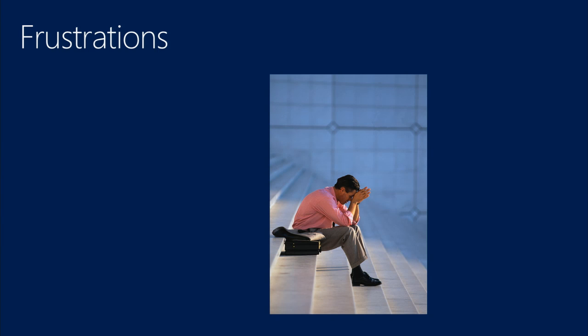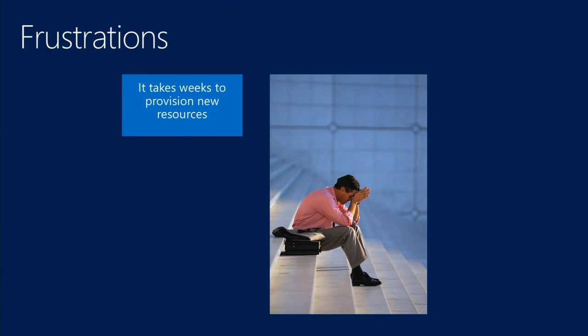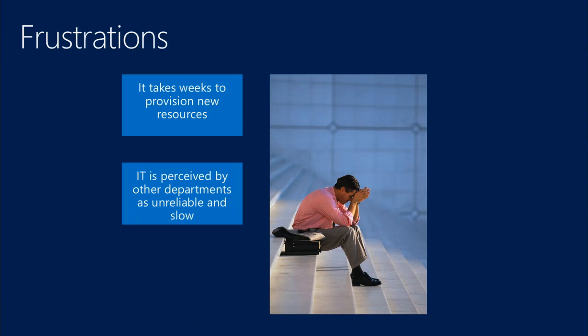Their current frustrations, they've got a lot of problems that most companies have. It takes weeks for them to provision new resources to enable services for their customers. The divisions within their company are getting increasingly impatient. They're perceived by organizations within their company as being slow.